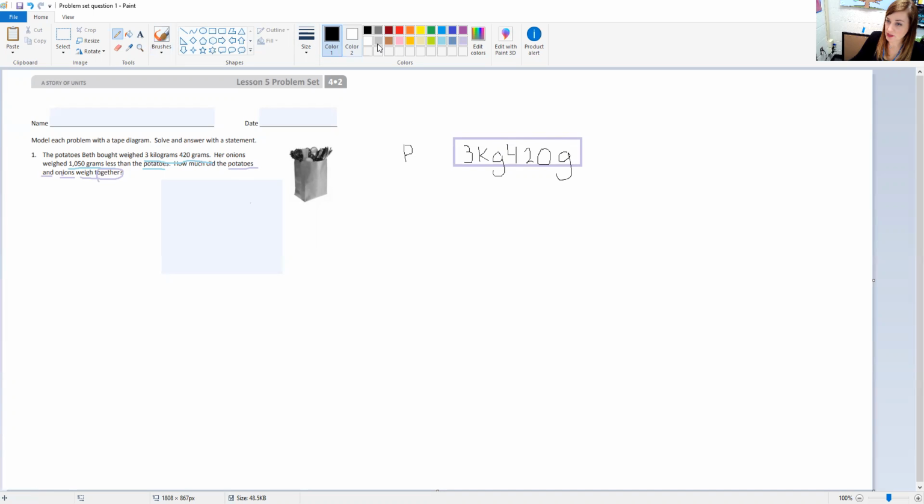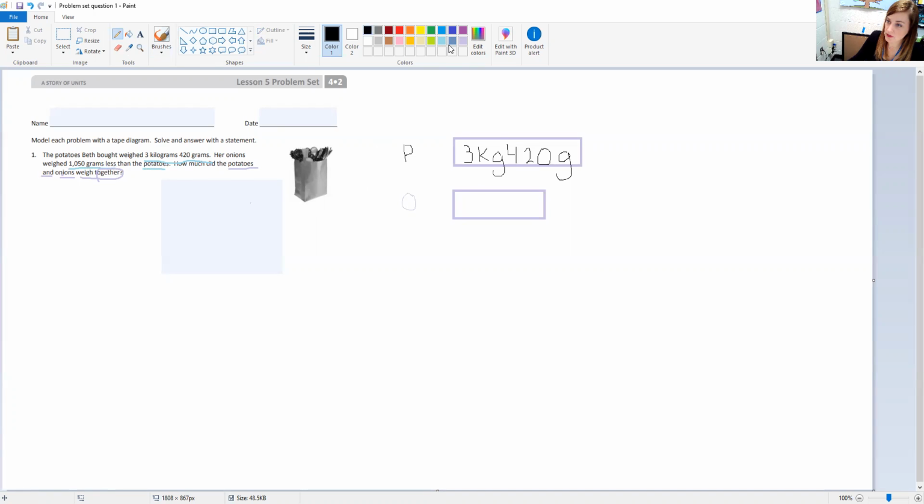Let's make another box right here. It says her onions weighed 1,050 grams less than the potatoes. So whatever the onions weighed, we know it's smaller or less than the potatoes. So I'm going to make this one the onions.